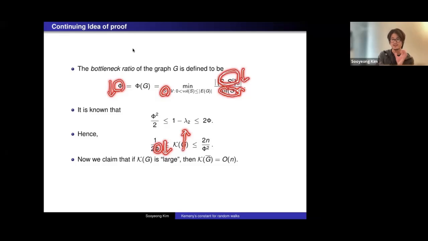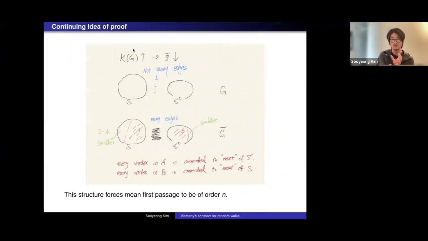So this gives us information about G. Let me show you this picture. If we have a larger Kemeny's constant, then phi is lower, then our graph G should be of this form, but not many edges between S and S complement here. And then when you take the complement, we have many edges there.